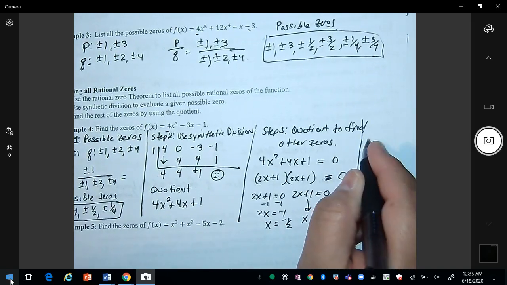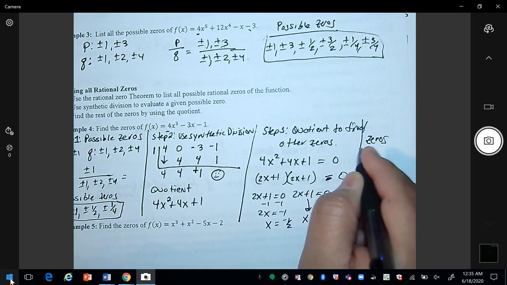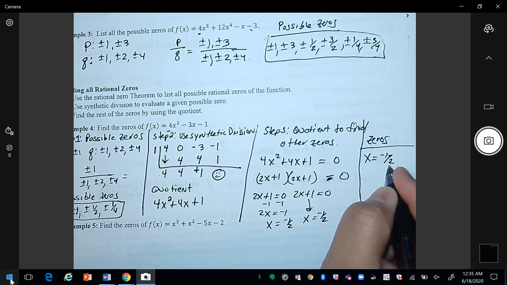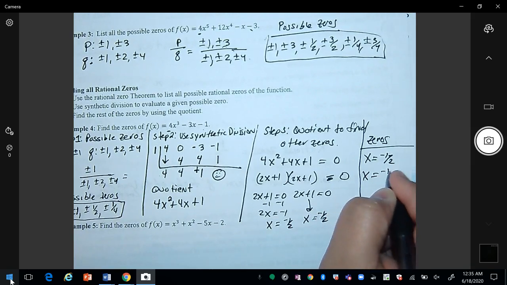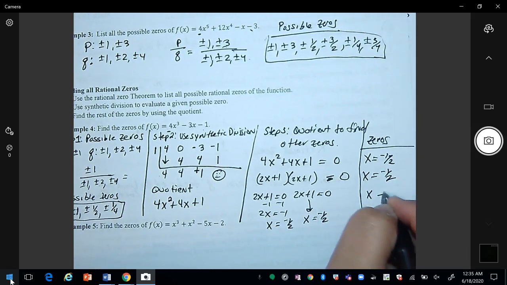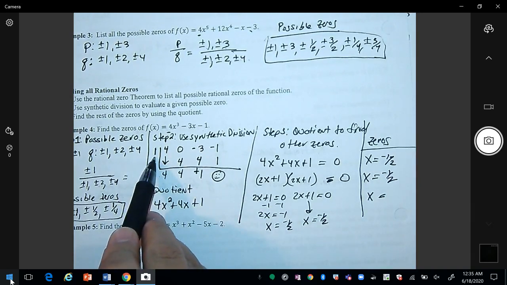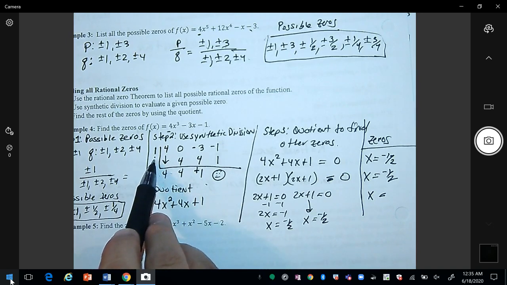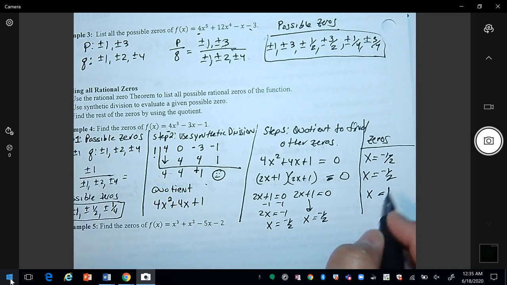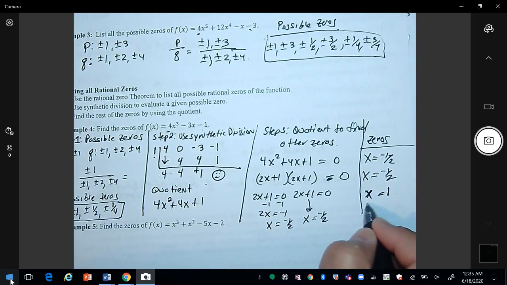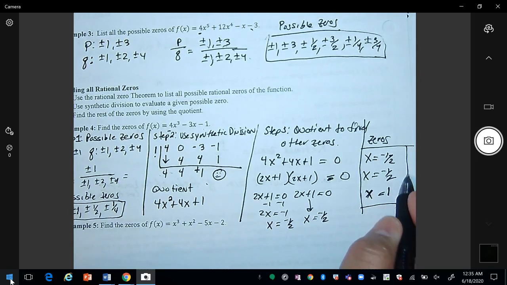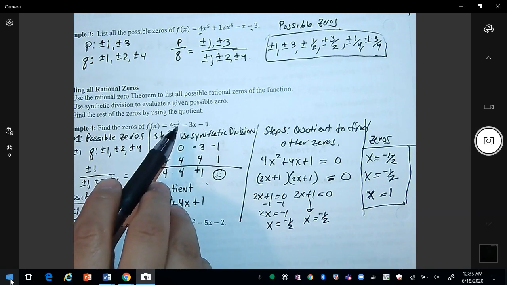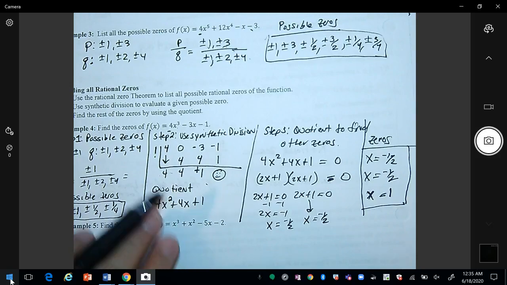So my zeros are x equals negative a half, x equals negative a half, and the third one comes from the 0 we found earlier, since we got 0 in the synthetic division. Okay, so notice the degree is 3, and we have our 3 zeros.